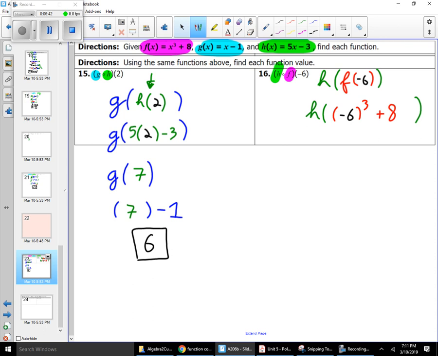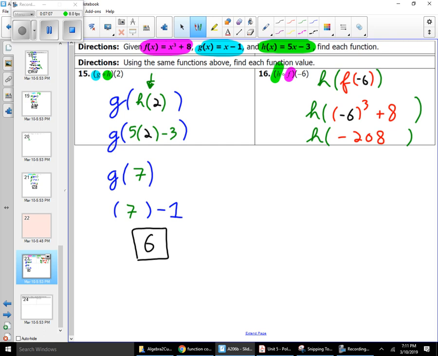Well, -6 cubed, that's our -216, and if we add 8 to that, we get -208. So we are going to evaluate our function h at -208. So note -208, that is an output value. That is the output of f of -6.